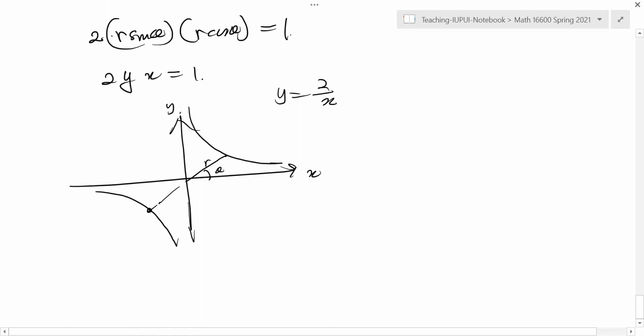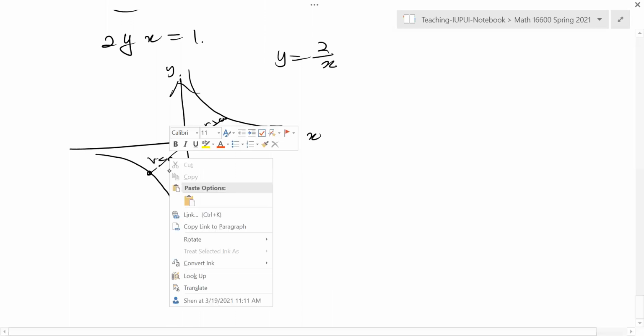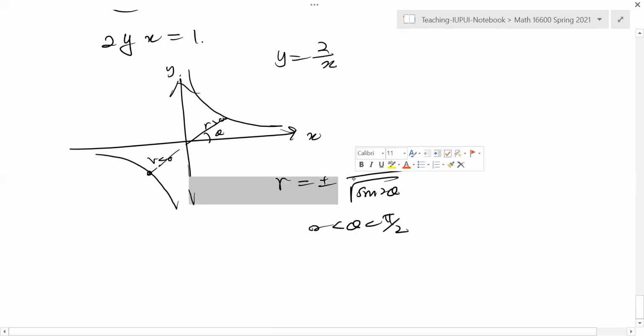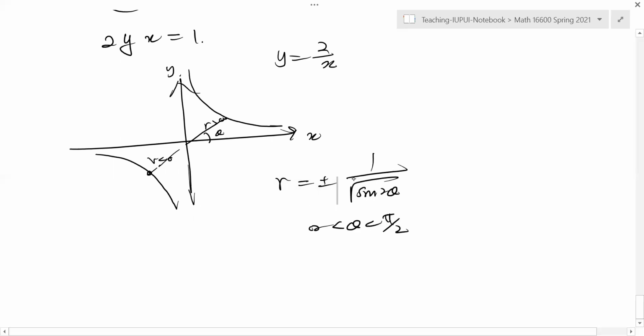So here r is positive, here you get the other piece. So basically r is going to be plus minus. When theta runs from 0 to pi over 2, with every fixed theta you get r, but you get 2 values of r. When r is negative, you have to go to the other side.